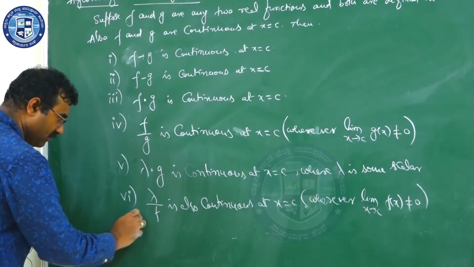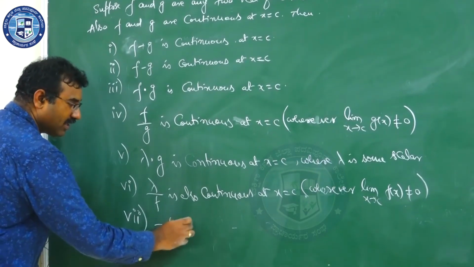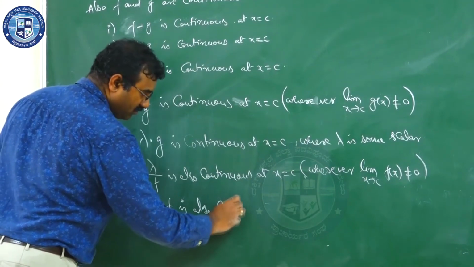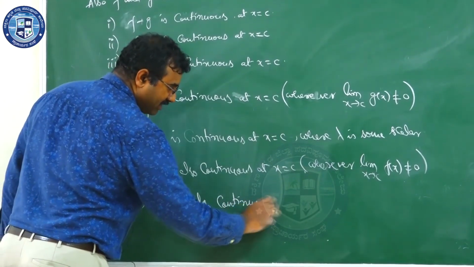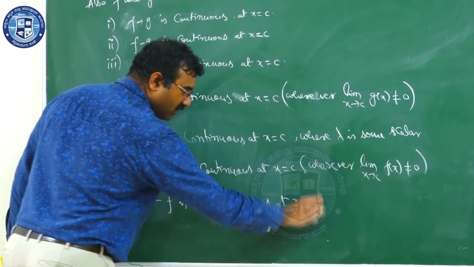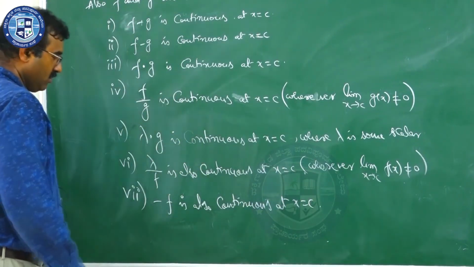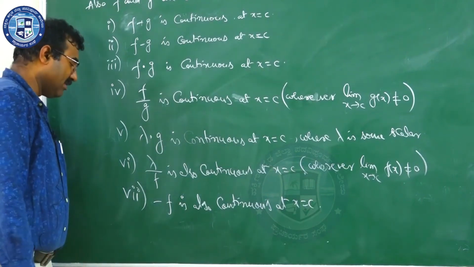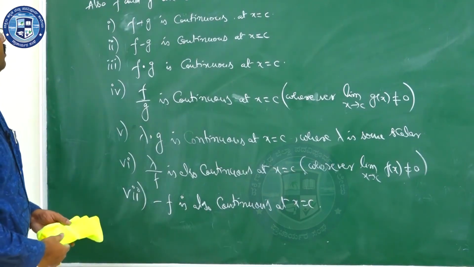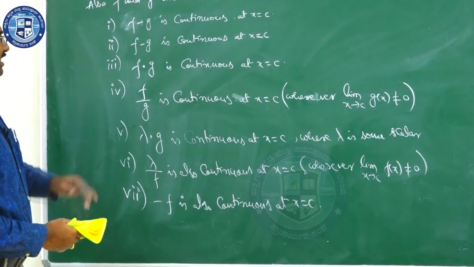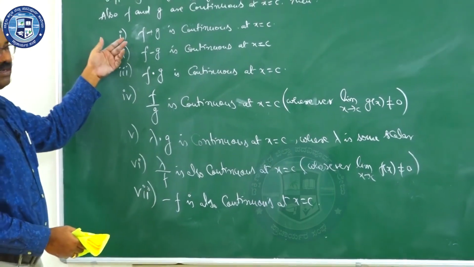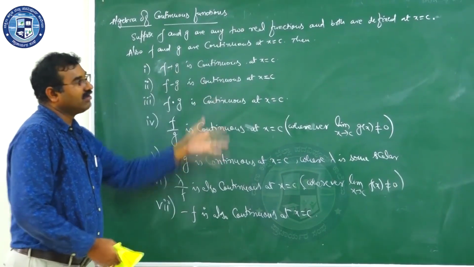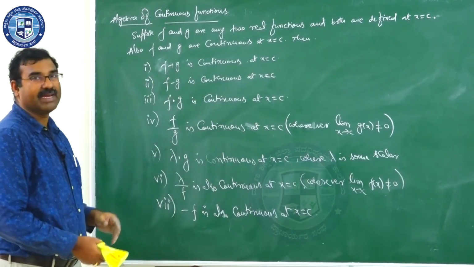Seventh point, minus f is also continuous at x equal to c. So these are the 7 points of the algebra of continuous functions. I will explain the proof of the first one, then you can do these in a similar manner.